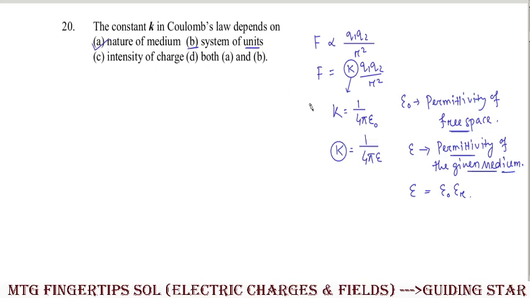Formula wise, it depends upon the given physical quantity which is the permittivity of the medium. इंटेंसिटी ऑफ चार्ज, तो चार्ज का तो यहाँ पे कोई क्वेश्चन ही नहीं आ रहा है. There is no charge present in this particular formula, so it is also not. So both A and B, I think it will not be. In some cases system of units might be there, but the most appropriate answer will be the nature of medium.